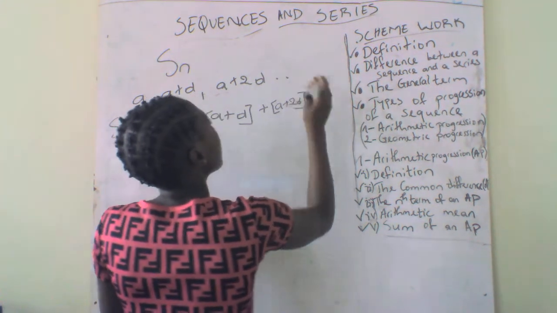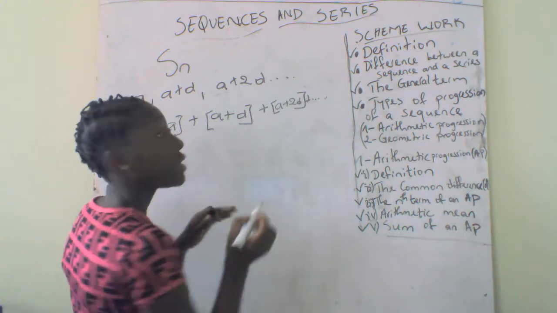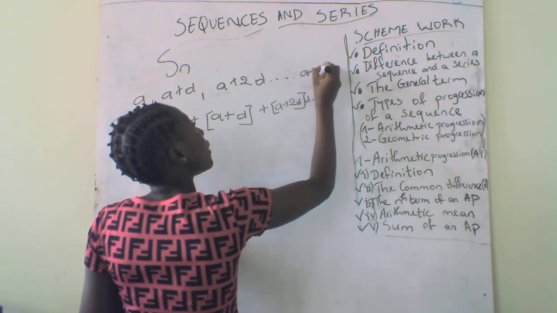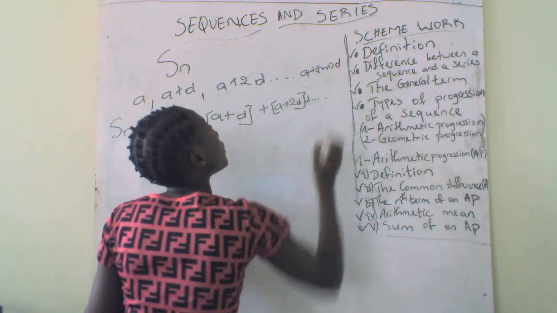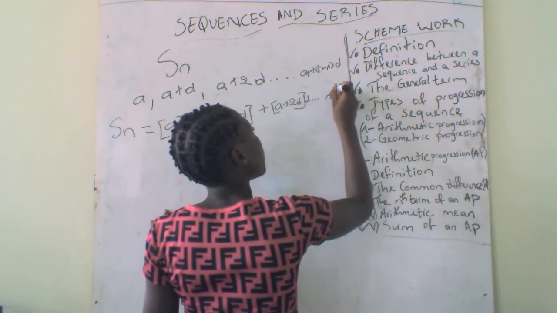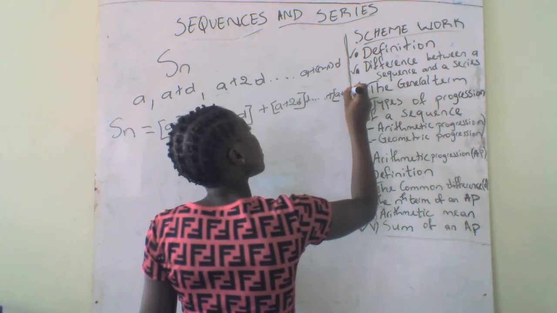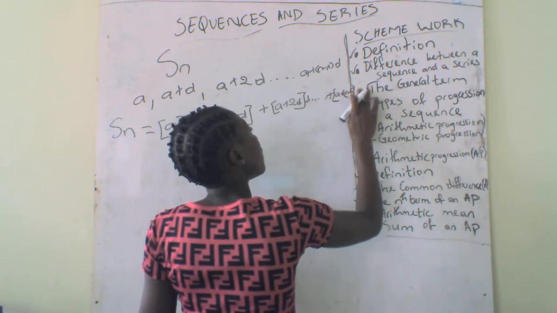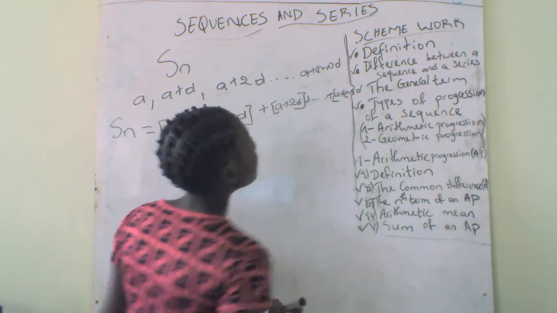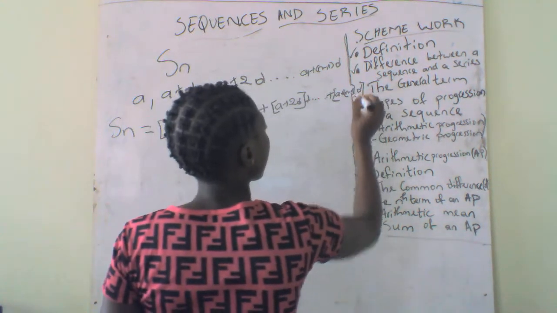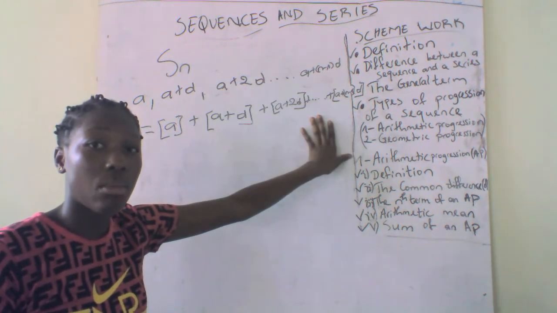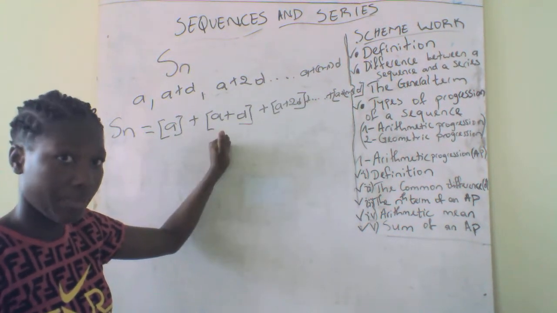We have this, our last term that we found was A plus (n minus 1)D. Plus dot dot dot plus A plus (n minus 1)D. Now this will be called the sum of our AP.